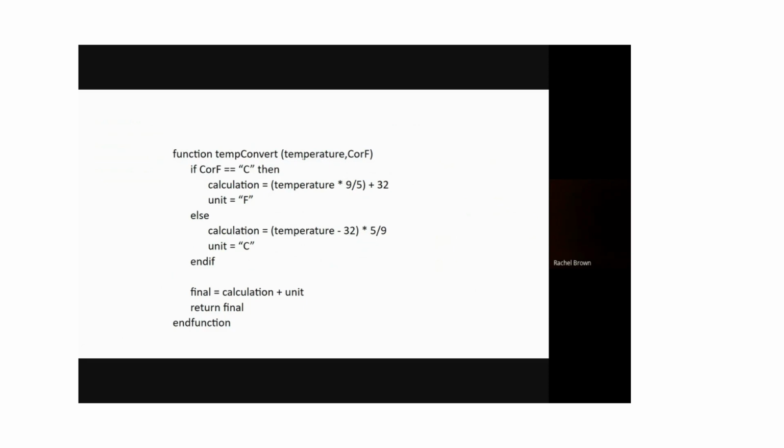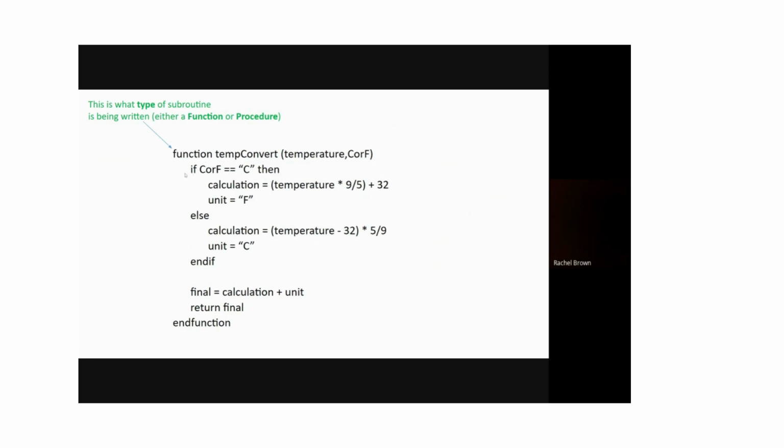Now, these do not have to be actually the same name as the data that is sent through to it. At the moment, these are temperature and C or F, but we'll find out that they don't necessarily have to be the same name, and that's when it can get a little bit more confusing. What you'll see then is a relatively simple piece of code.